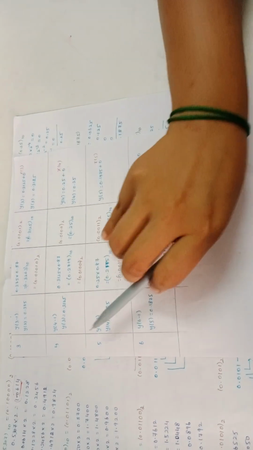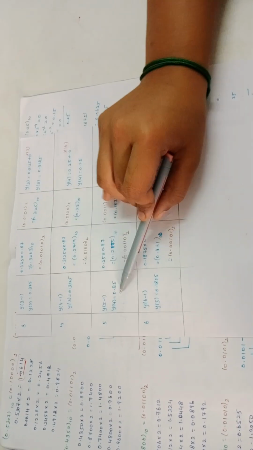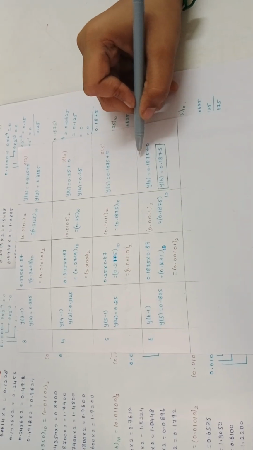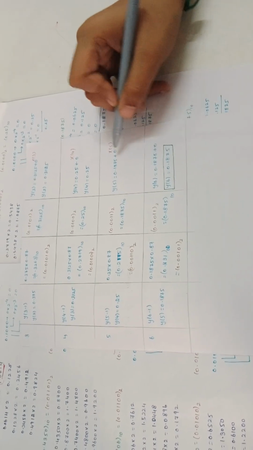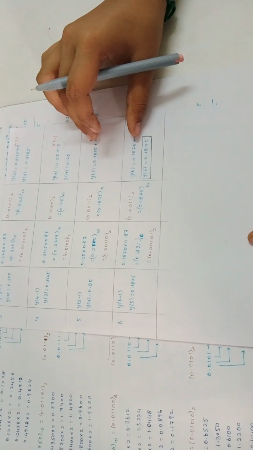Then we have to do for n equal to 4, n equal to 5, n equal to 6. We continue until we get a value the same as the deadband value, and the last two steps have the same value as the deadband value. If we get this, that is the final process of solving this problem.